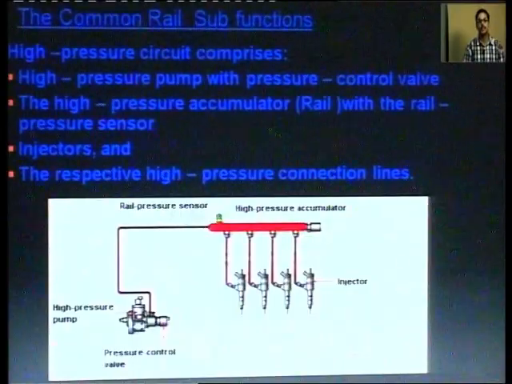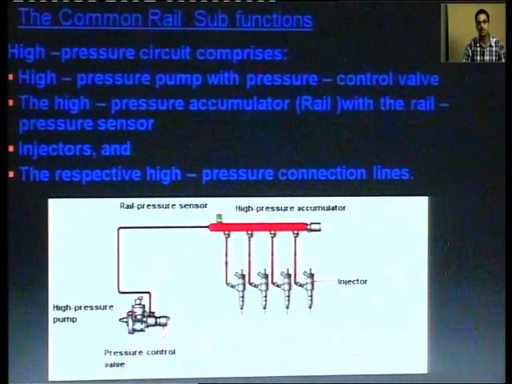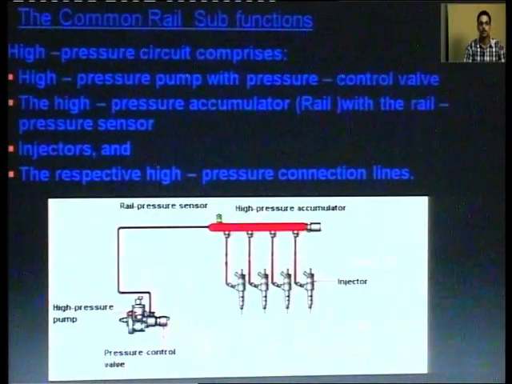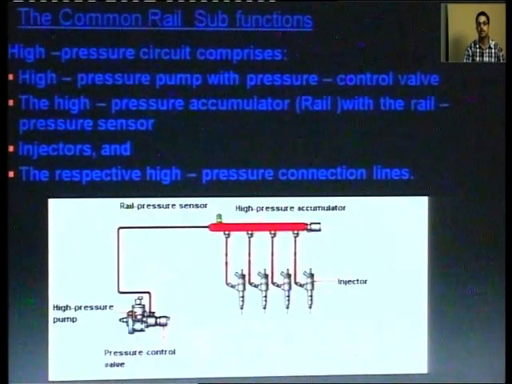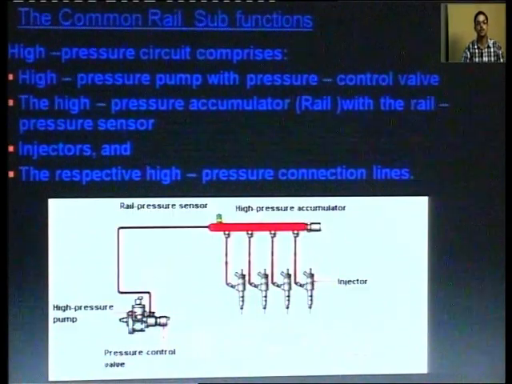The high pressure circuit sub-functions. High pressure circuit: pressure pumps with the pressure control valves. There is a rail pressure sensor, that is on the common rail. There is a main pipeline sensor of pressure which senses the pressure requirement, and it can accordingly vary also.